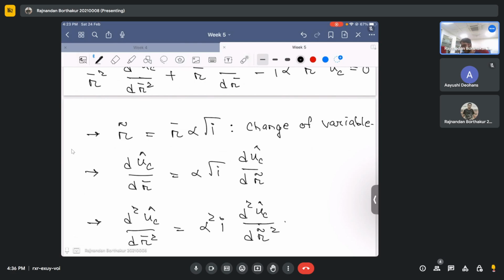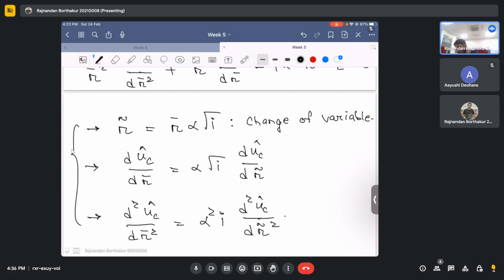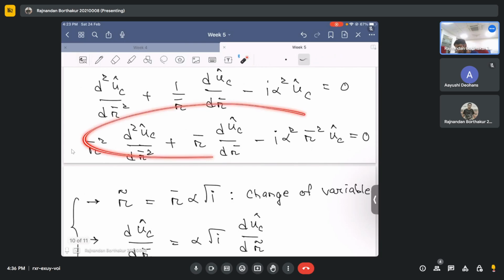All right, so what we will do next is use this change of variable in this governing equation. Then let's see what we get.